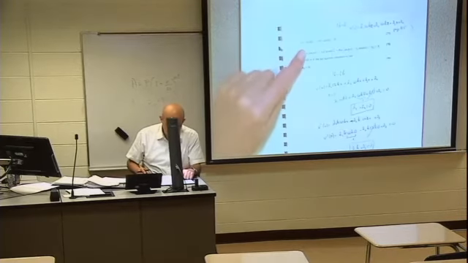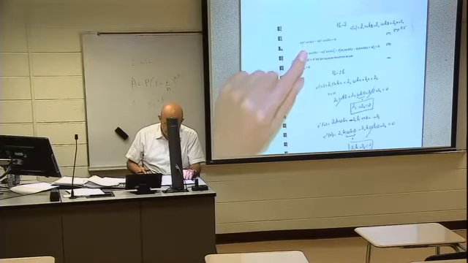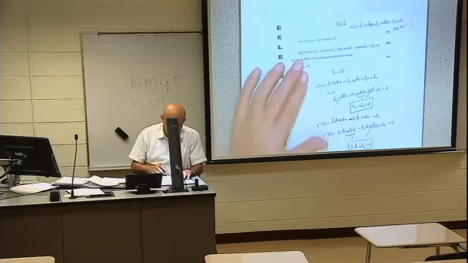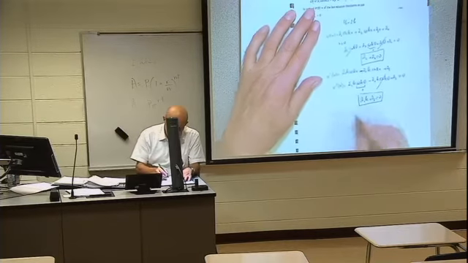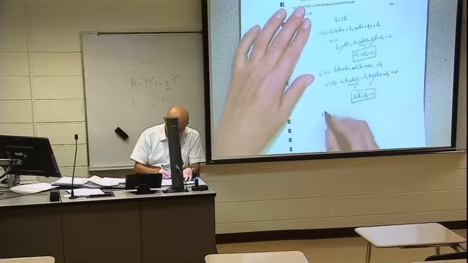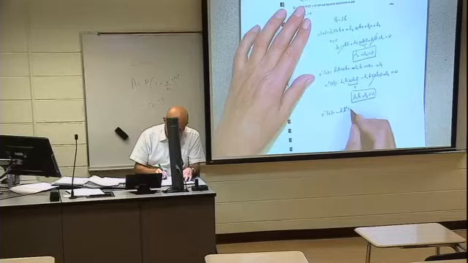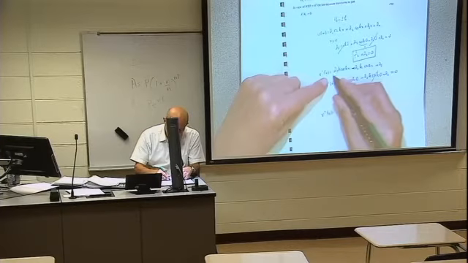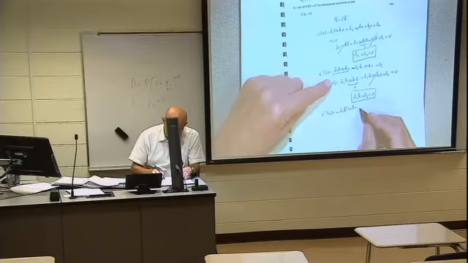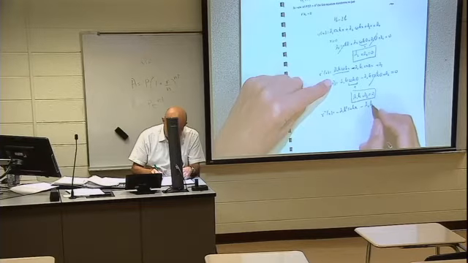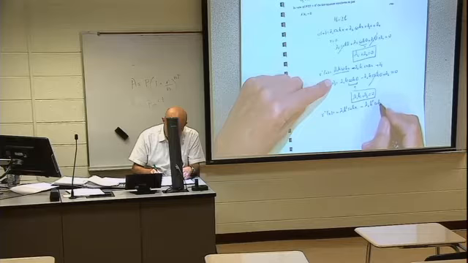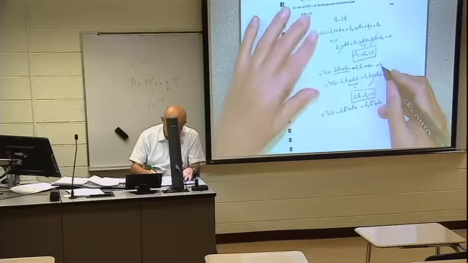Then we have the second derivative equals 0 at L. The second derivative of x equals minus A1k squared sine kx minus A2k squared cosine kx, and this is gone.